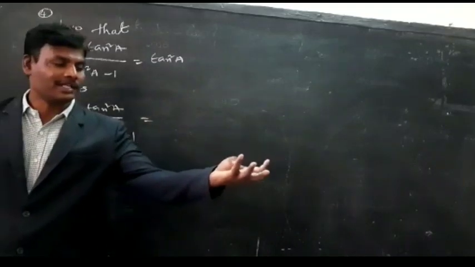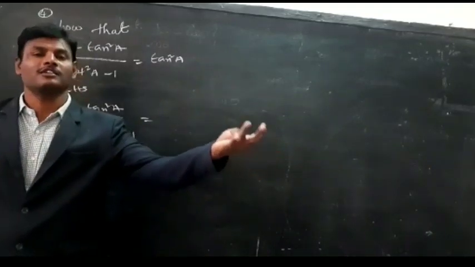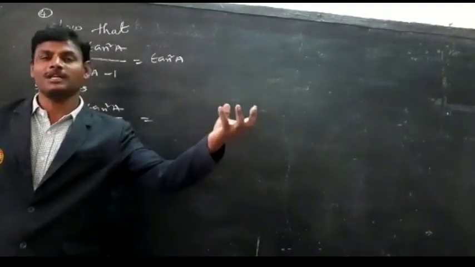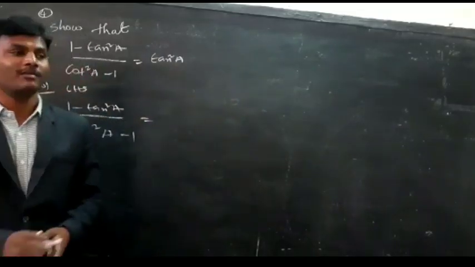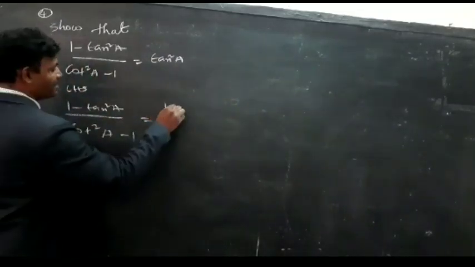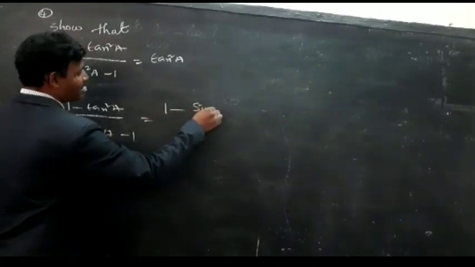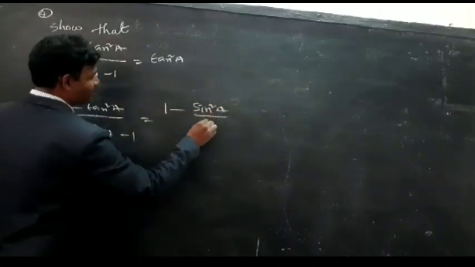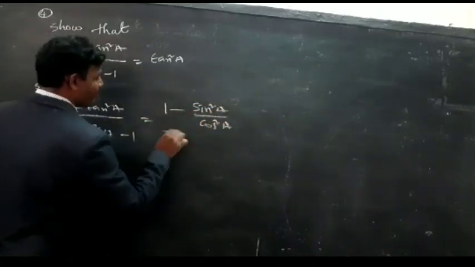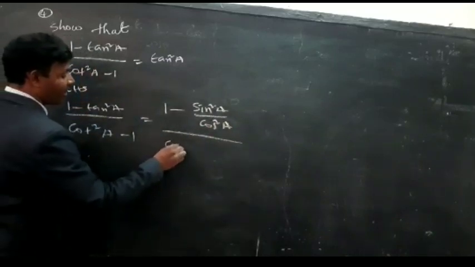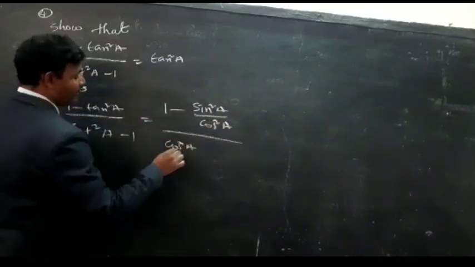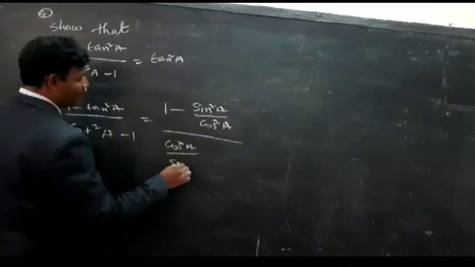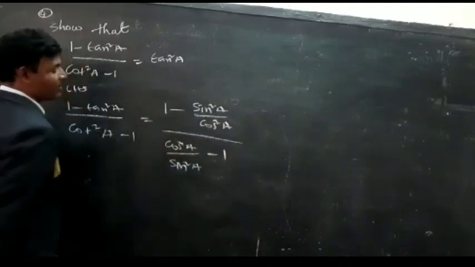Already explained: tan theta, cot theta, sec theta, cosec theta, if these four terms are there, you have to apply the formula. 1 minus tan square A we can write as 1 minus sin square A by cos square A, and cot square A we can write as cos square A by sin square A, minus 1.